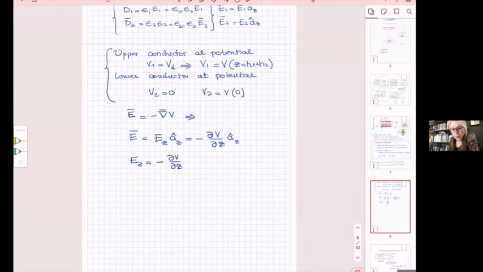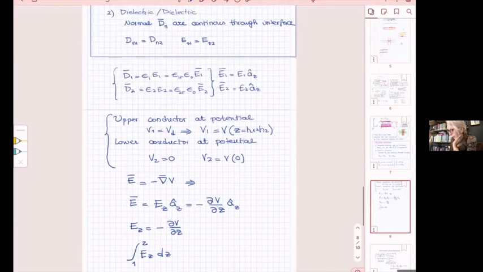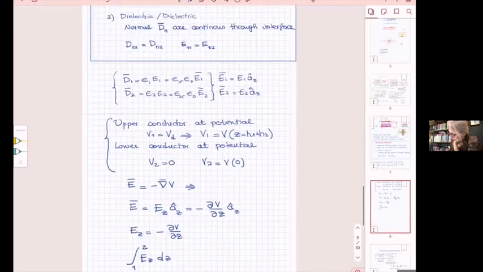Now what do we do? We integrate EZ dz from the upper conductor to the lower, from 1 to 2.